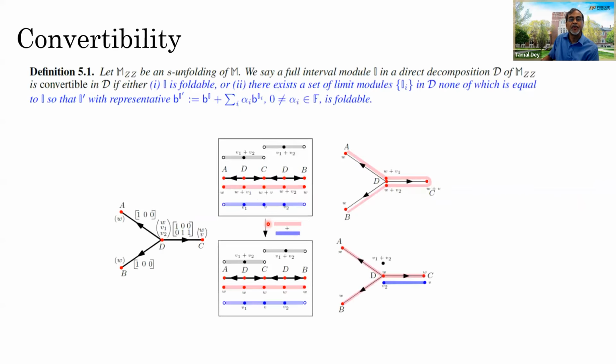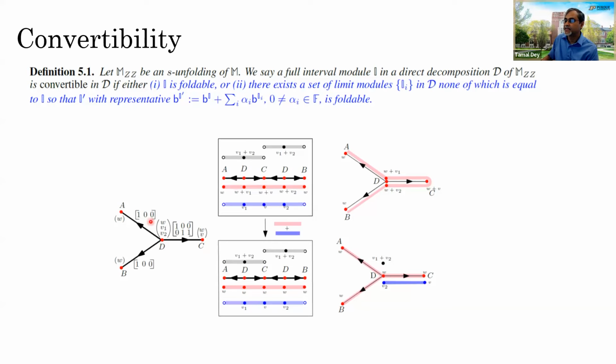Okay, so now I'm going to define what is called convertibility, which I already hinted at once. Convertibility basically alludes to the fact that a certain full module in the decomposition may not be foldable, but it can be converted to a limit module which is foldable by using the sums.